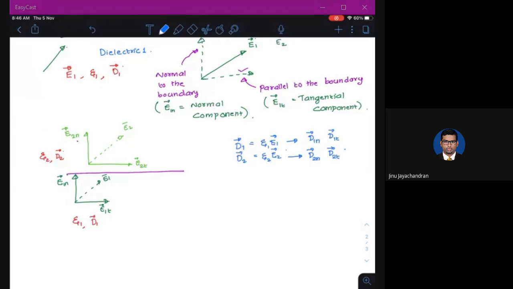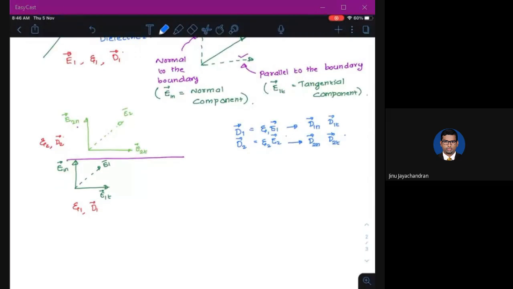Now, what is the relation between E1N, E1T, and E1? Basically, this is a vector addition. So I can write E1 as the sum of the tangential component and the normal component. Similarly, I can write E2 as the sum of tangential component E2T and the normal component E2N.